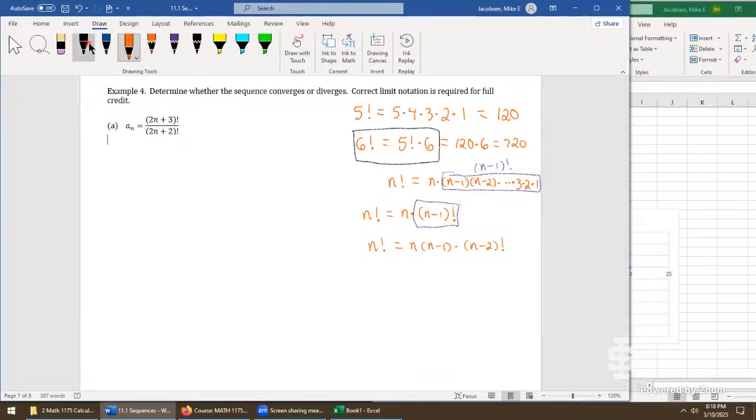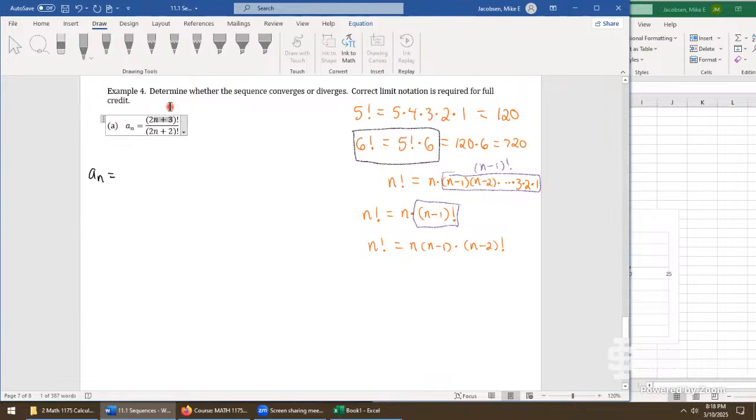So with that information, we can come up here and do some interesting factorial work on that expression. Let's begin by writing an equals. You want to look at the one that has the higher expression. By higher, I mean this one is at 2n plus 3, whereas the denominator is at 2n plus 2.